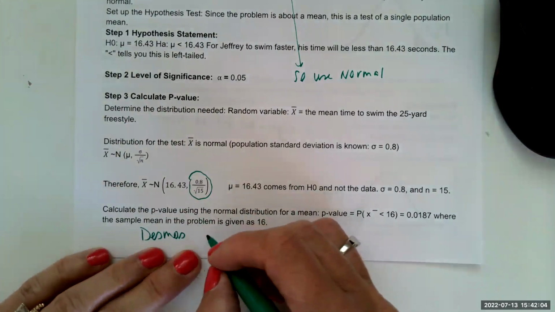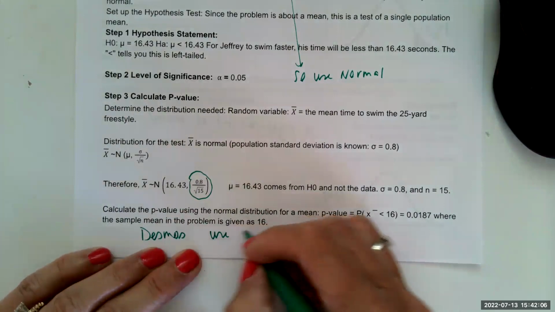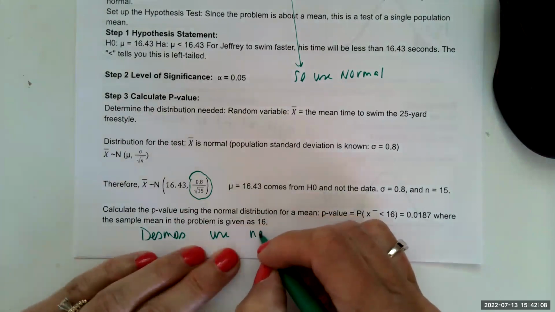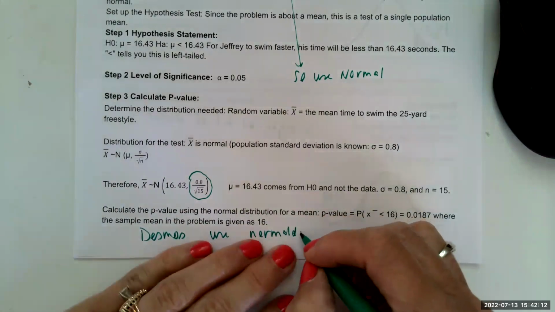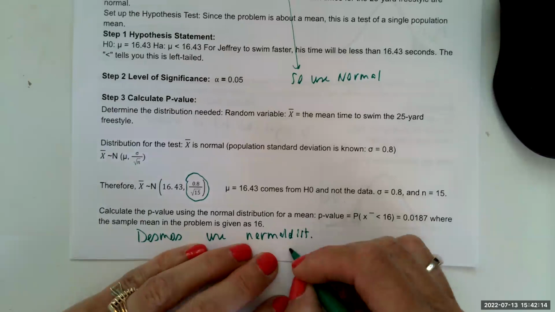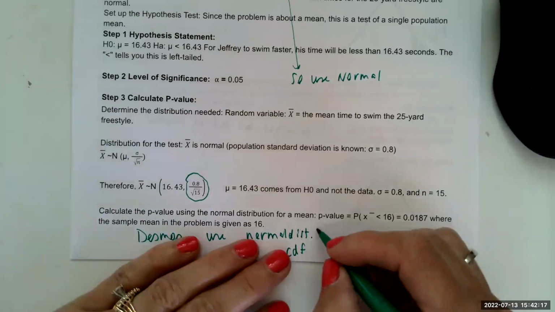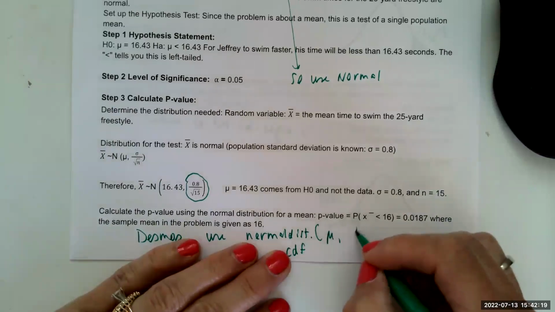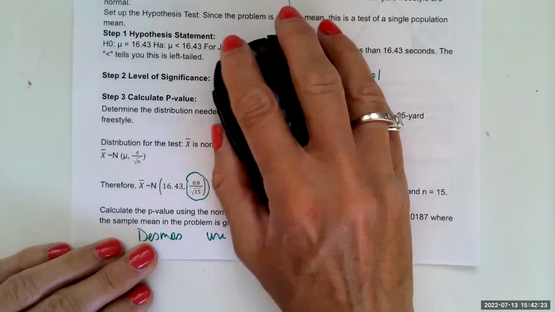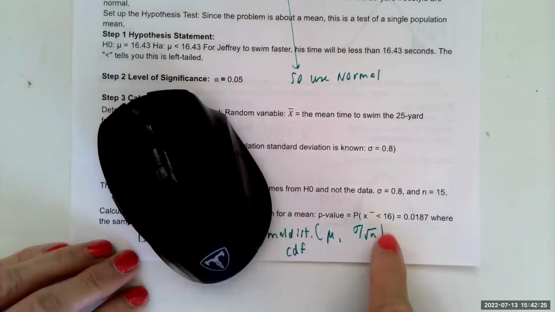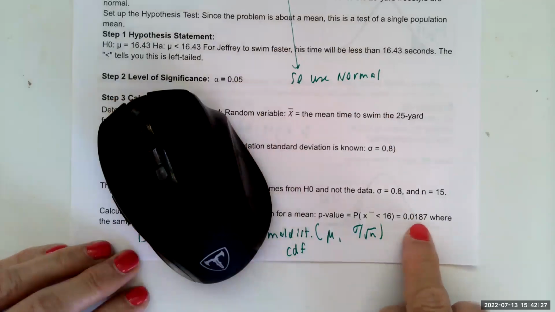In Desmos, you're going to use just the normal distribution with the CDF of the mean and then the standard deviation over the square root of n. So you're going to use that. So I'm going to show you how we calculate this p-value right here, 0.0187.